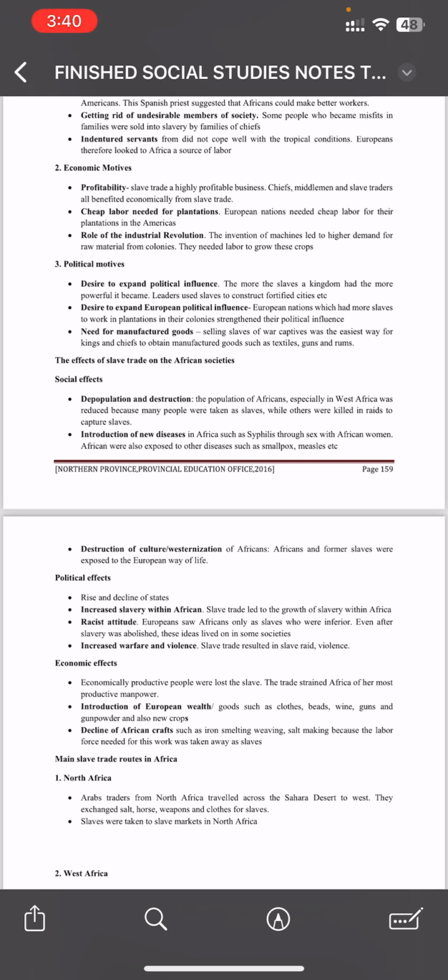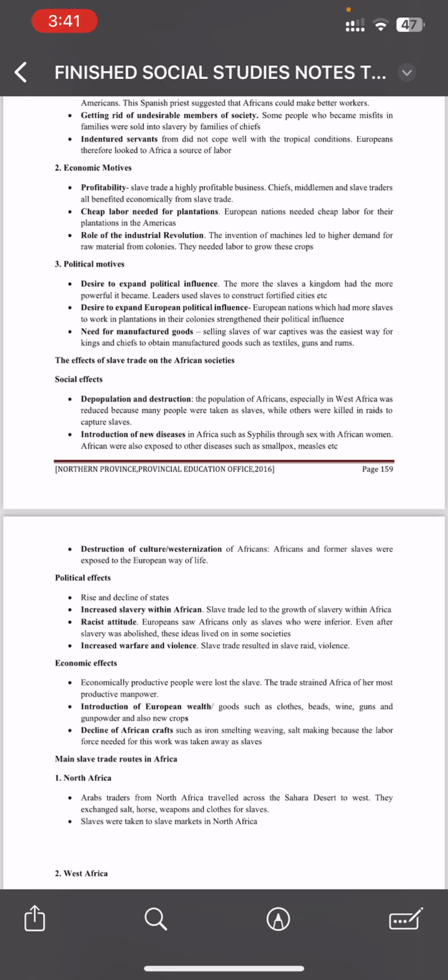You see, if you've watched a documentary of how white explorers behave, they behave in such a funny way. You find a white person is sleeping with a monkey, sleeping with different animals. Definitely they will contract diseases that have never been there before. So if they now come to Africa and they find beautiful African women and they sleep with them, these women will contract diseases, and these women will now also infect the local people with the same diseases.